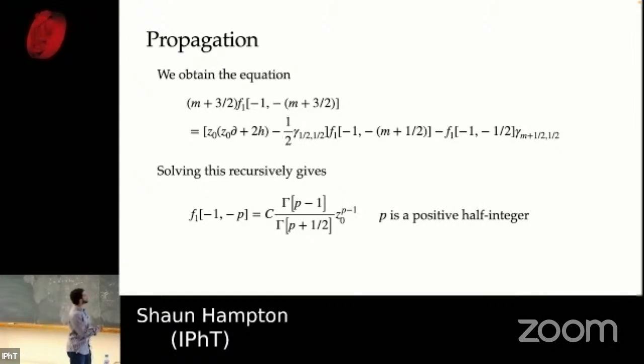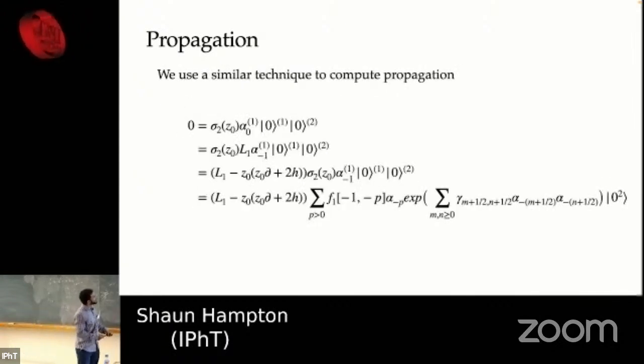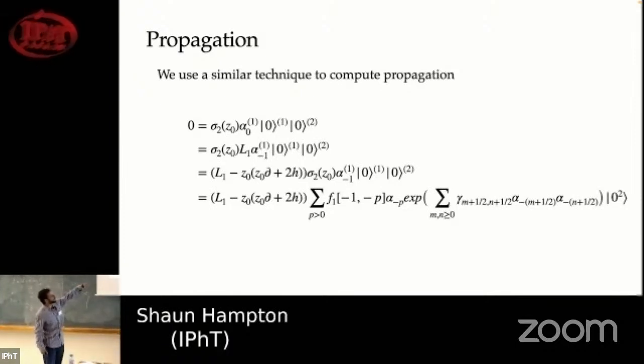And actually, in this case, if you see here, sigma 2 acting on alpha minus 1, we know what that is. And we know the transformation that produces.